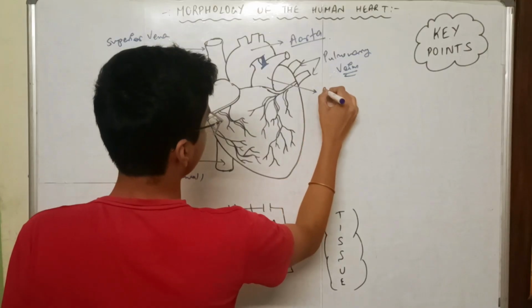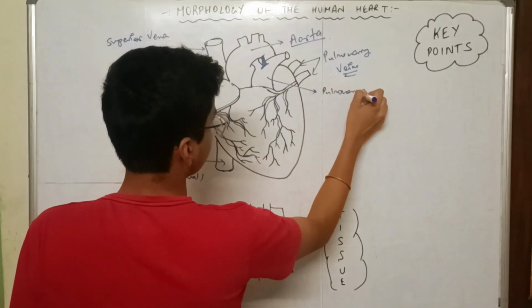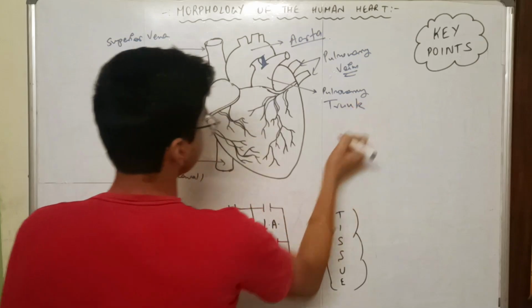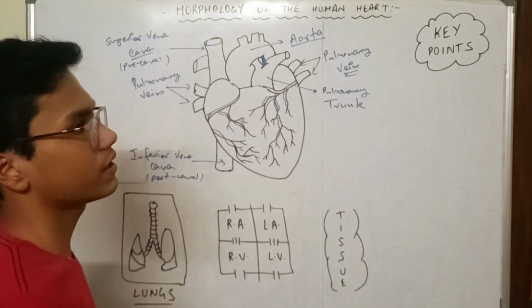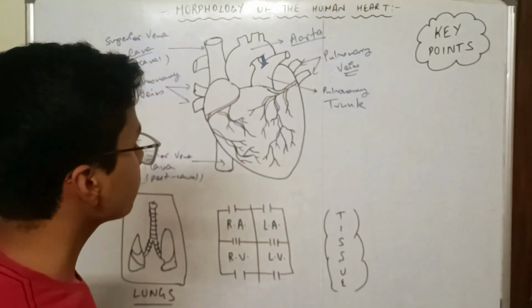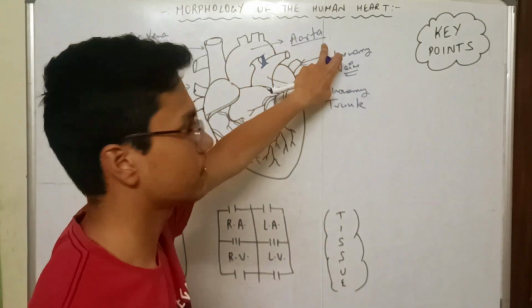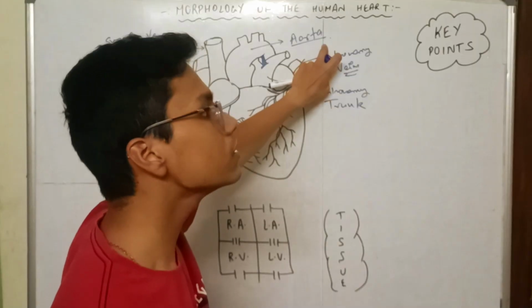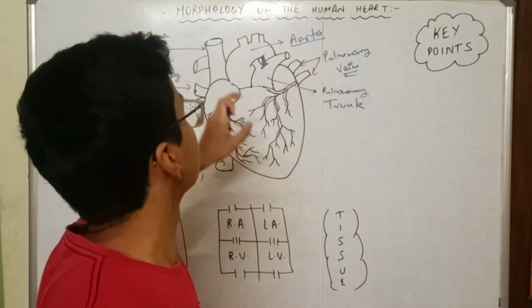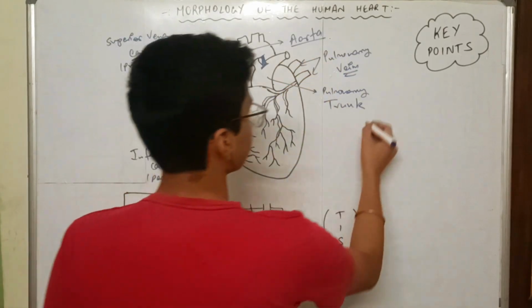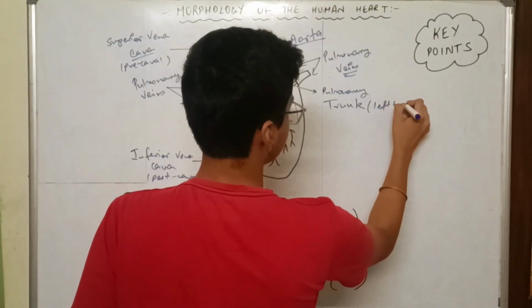This is called the pulmonary trunk. And you can also name it as the pulmonary artery, but for the left lung, because it is flowing towards the left hand side of the body. Like I said, the geometric right is the biological left. Good. So this is the pulmonary trunk and it is flowing towards the left lung.